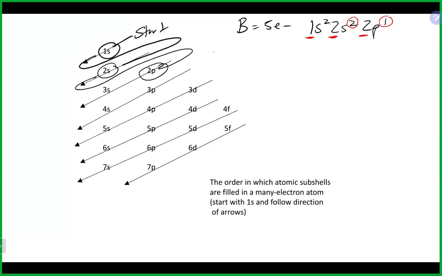If we were going to do our orbital diagram for boron, we will again need a 1s orbital box, a 2s orbital box. But now when we get to our 2p, because it is a subshell, we need a box for each of the individual p orbitals.